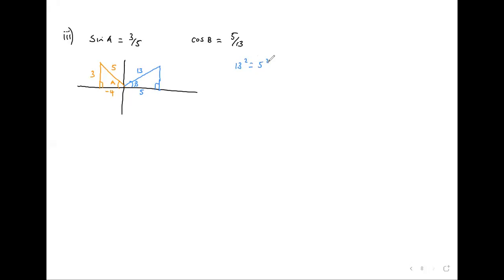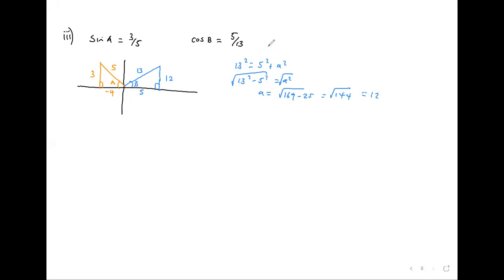Let's call the missing side A. So it will be plus A squared. So if we do 13 squared minus 5 squared, it will give us A squared. So the square root will give us A, which is the square root of 169 minus 25, which is root 144, which is 12. So that guy is 12.